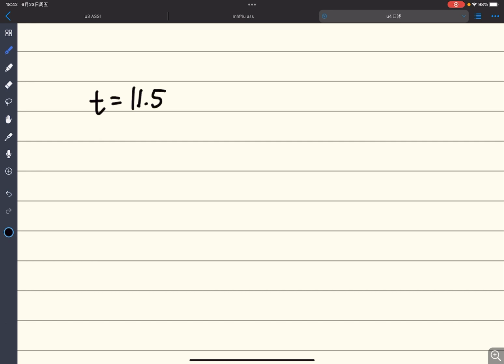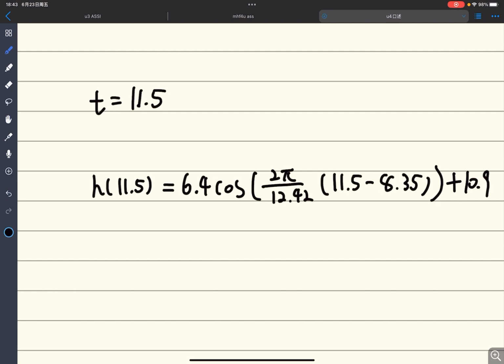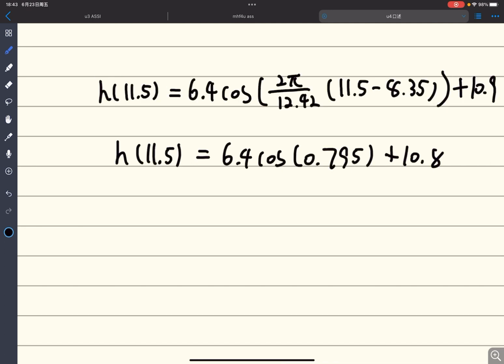We can put this in the equation and simplify. In the end, we can know the tide level at the pier is about 10.8 meters.